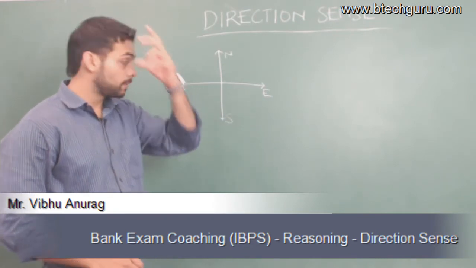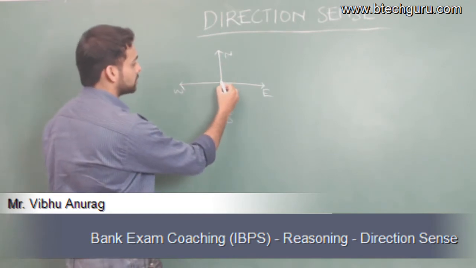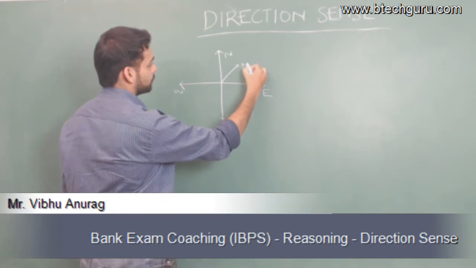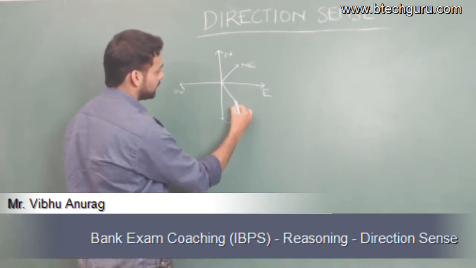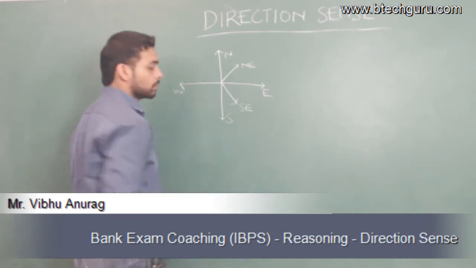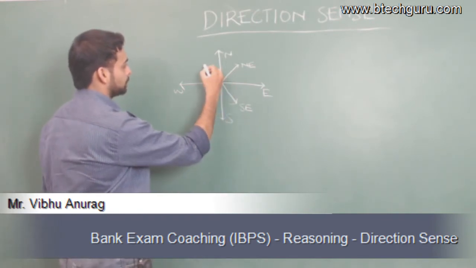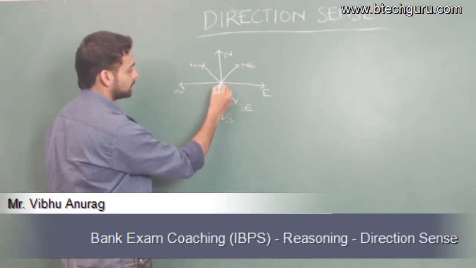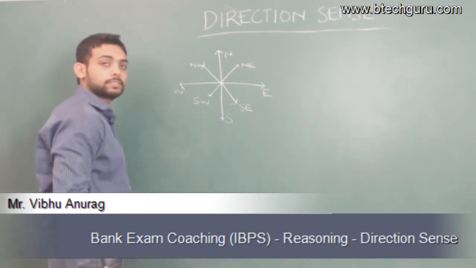Now there are 4 intermediate directions over here. So between the north and east we have northeast, between east and south we have southeast, then between north and west we have northwest, and between south and west we have southwest.